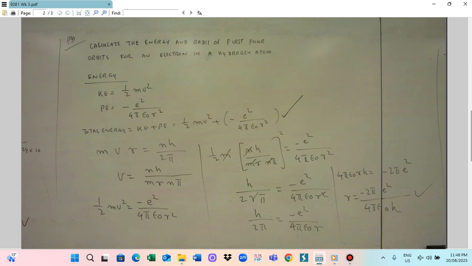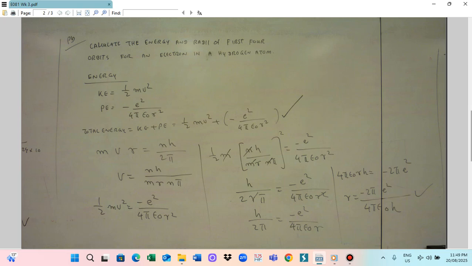Therefore, r is equal to ε0 h squared divided by 4π.